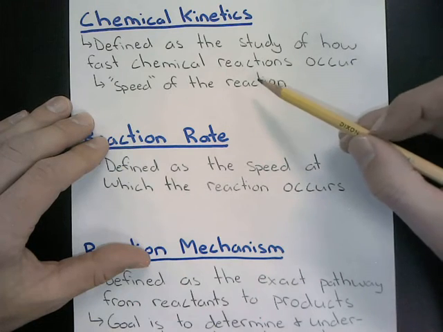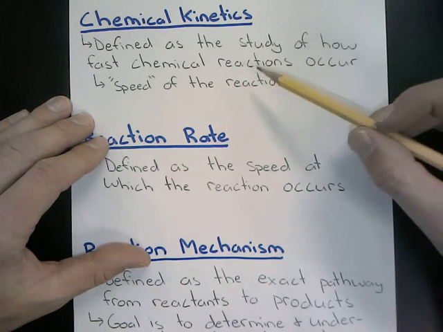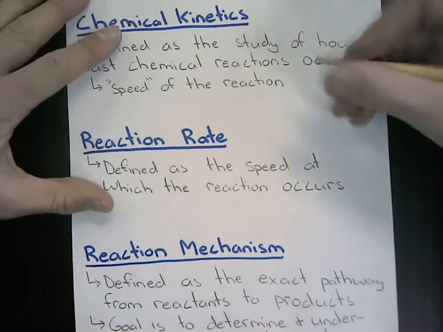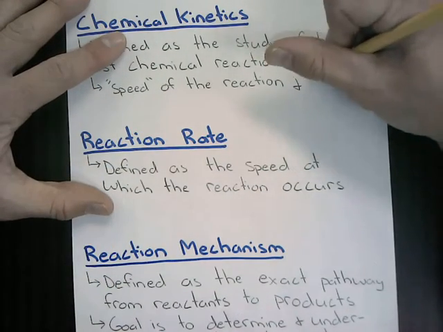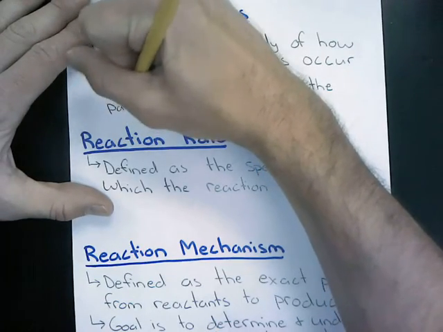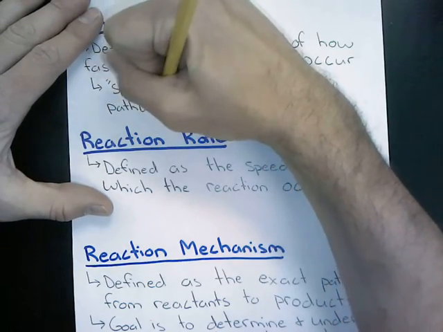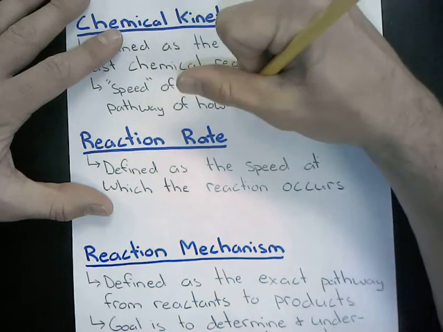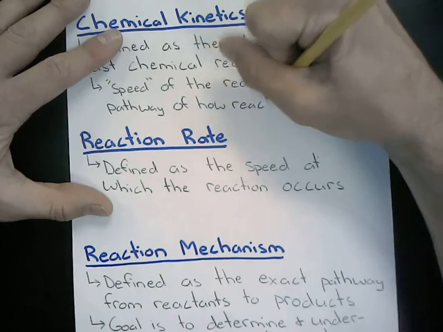So chemical kinetics, right, is the study of how fast. This includes the speed of the reaction, and I'm going to add to this the pathway of how reactants became products. So it's twofold.